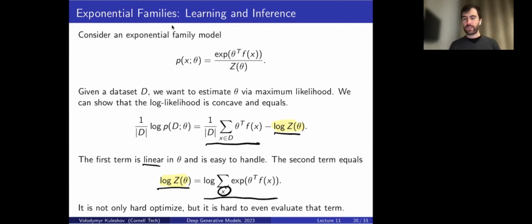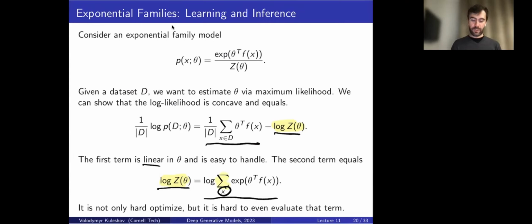So I'm summing over all the possible x's, and this summation is going to be over an exponentially sized set. It will be intractable, and I can't easily simplify it by switching the log and the sum, because I have this annoying summation in the middle.